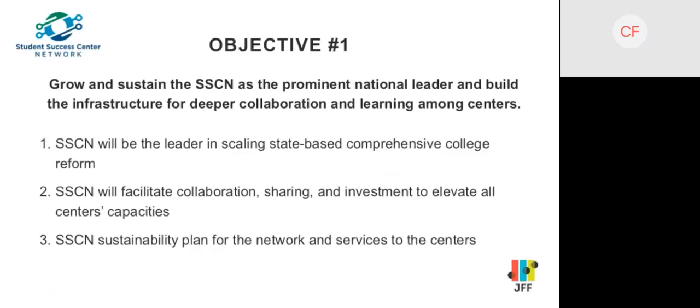Thank you. So on the very first one about growing and sustaining the network, it has three parts to it. First of all, if we want the network to be a leader in doing the state-based scaling, then what more do we need to do? Are there presentations that we could be doing? Are there publications?